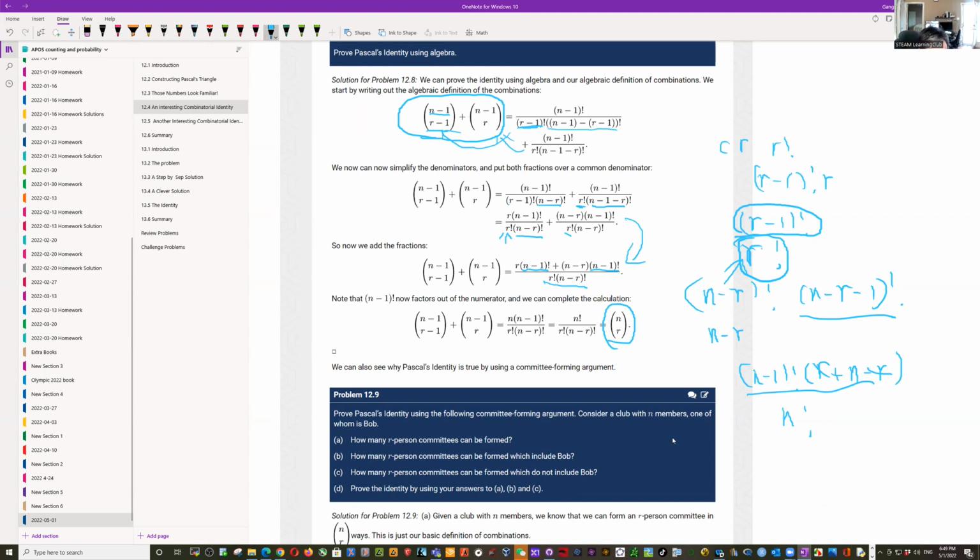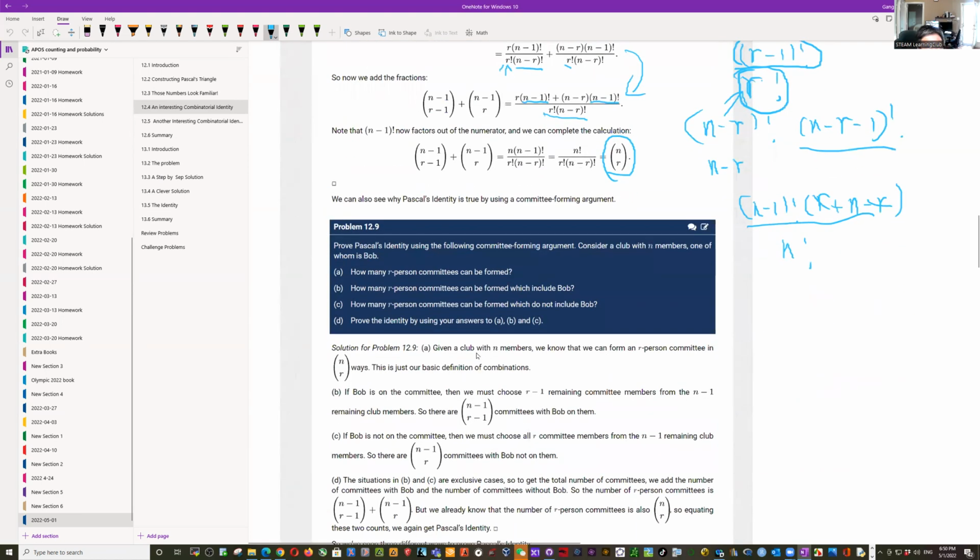It's really easy. It's just write out the definition in combination form, find a common denominator, then add with the common denominator, then the top term will collapse into n factorial, and you will prove it.